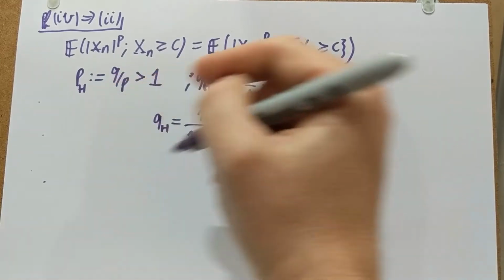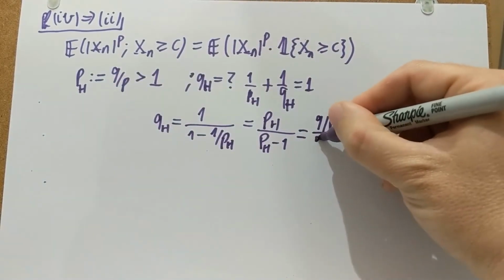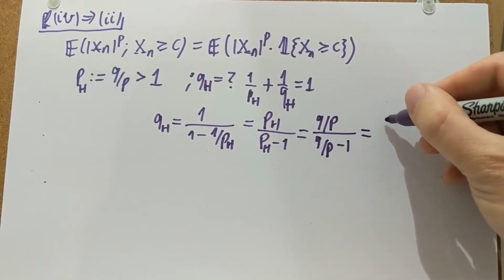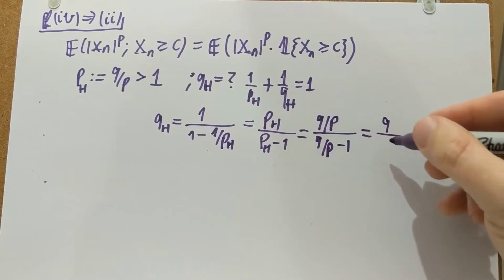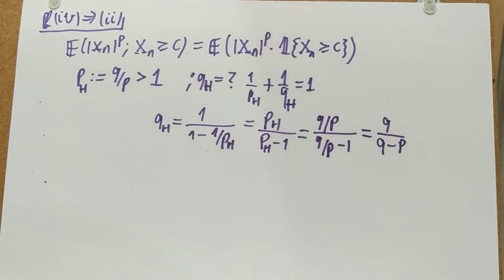Let's put in what P Hölder was: Q over P over Q over P minus 1, or just multiply top and bottom by P, Q over Q minus P. So that's going to be Q Hölder in Hölder's inequality.